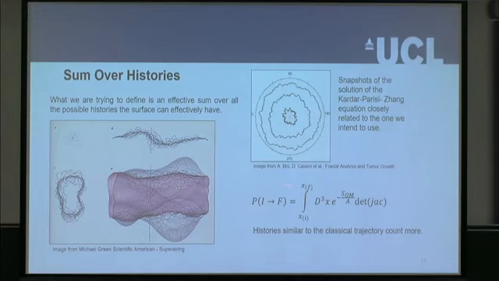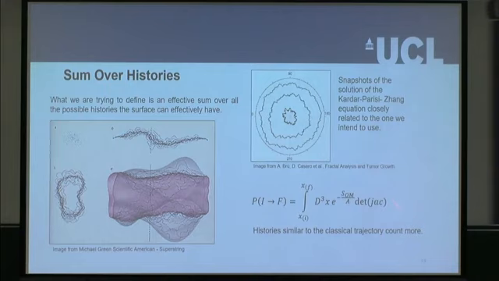And on the right-hand side, you can see three snapshots of a solution of an equation which is closely related to the system of equations I showed you, which is called the Kardar-Parisi-Zhang equation, which revolves around understanding how a substrate of biological substance grows by deposition, which is a similar problem to what we are trying to describe.